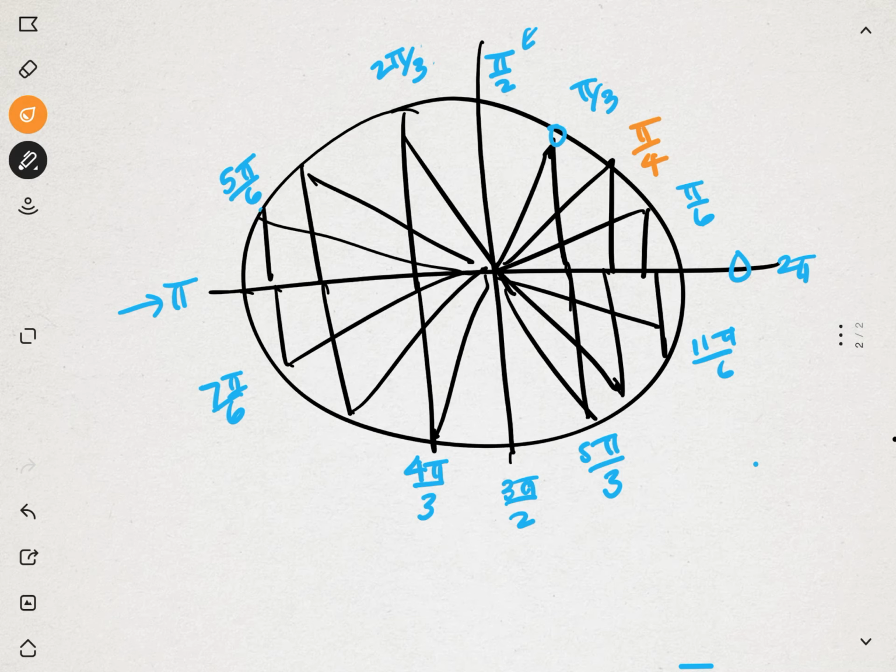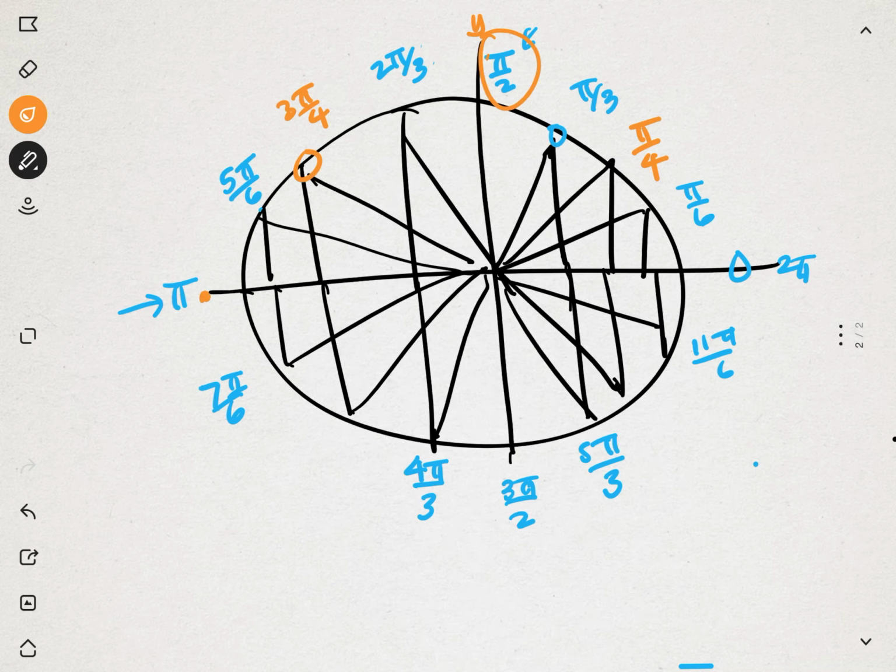If we jumped back to the y-axis here, we'd add another pi over 4. That gives us 2 pi over 4, which is just pi over 2. This next one here would be 3 pi over 4.